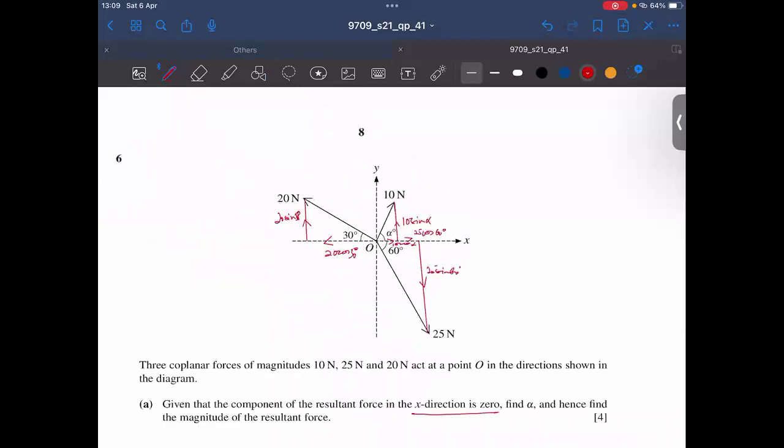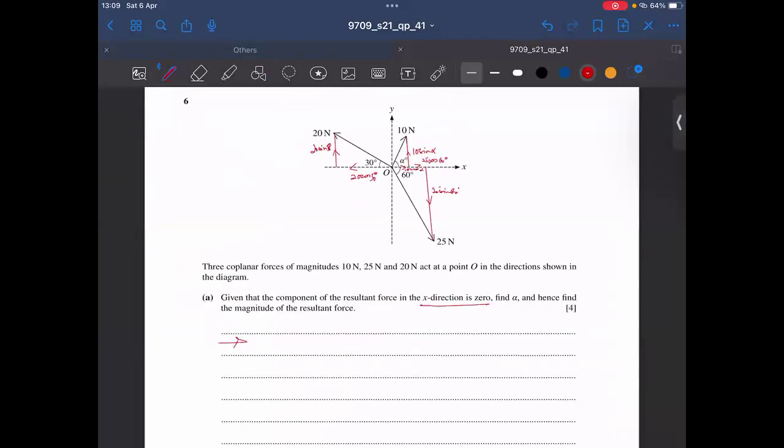All right. Now in the x direction, I have towards right. Towards right, of course, is going to be taken as negative. It's going to be 25 cos 60 plus 10 cos alpha minus 20 cos 30 equal to 0.